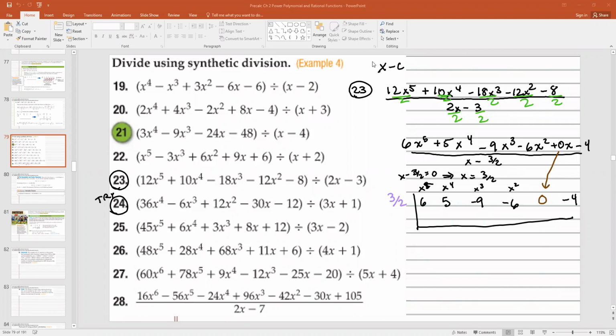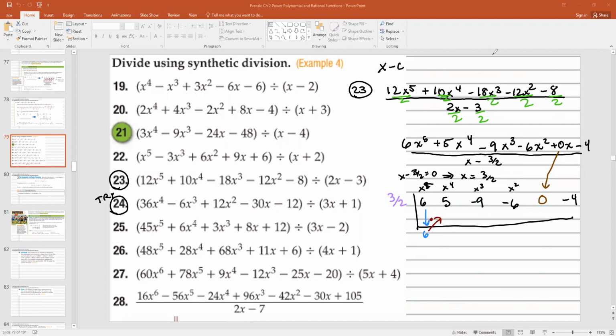All right, so how do we do this? Remember, we're going to do a series of bringing it down and then multiplying and adding. So let's do it. Here we're going to bring down the first one. You get 6. And then we're going to multiply. Remember, we're multiplying with that 3 halves.